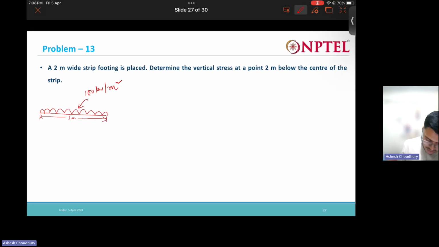So below the 2-meter center, here we need to find out. Okay, so depth is 2 meter below. The strip footing is like this, long, so below 2 meter depth you need to find out.